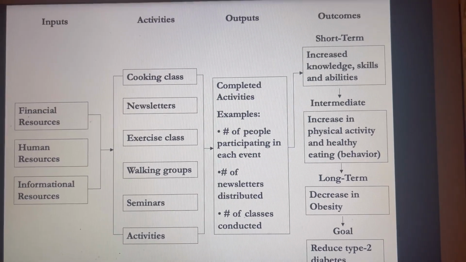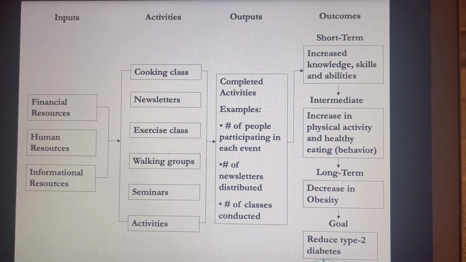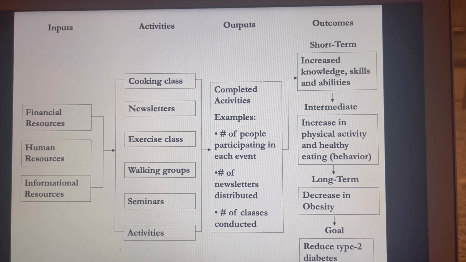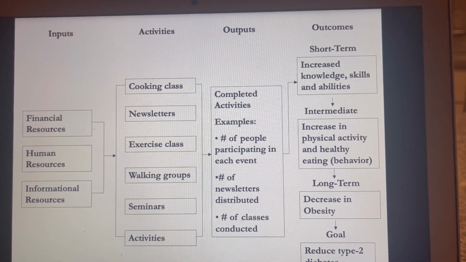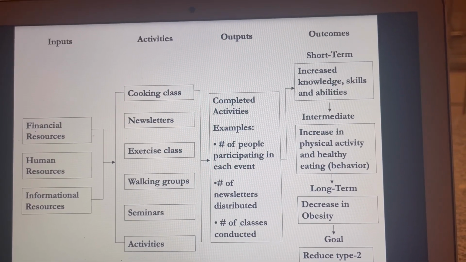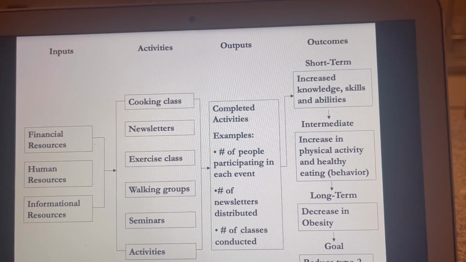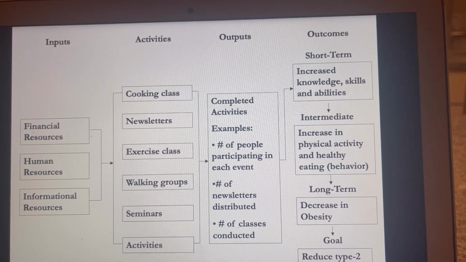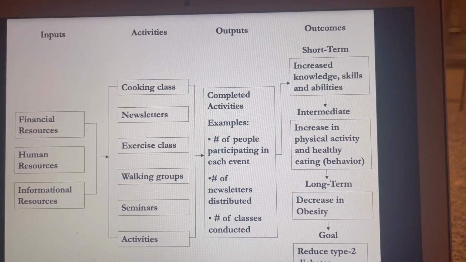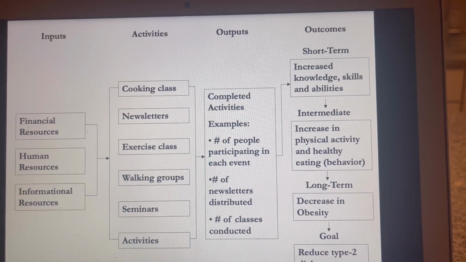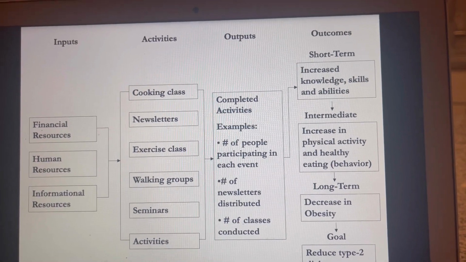Educating your participants in order to eat healthy food, eat vegetables and fruit, educating your participants how to rate calories, educating your participants how to read food labels. So this is what you do. So that is going to be your short-term outcome, increase in knowledge.